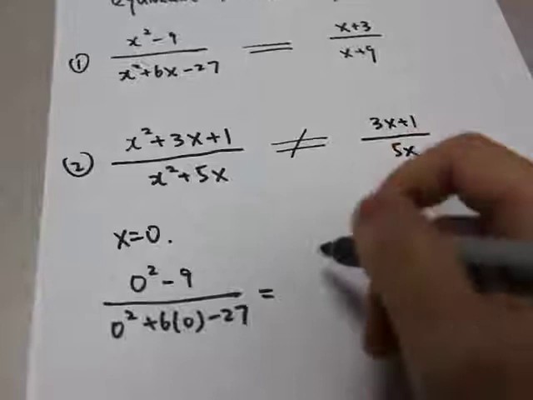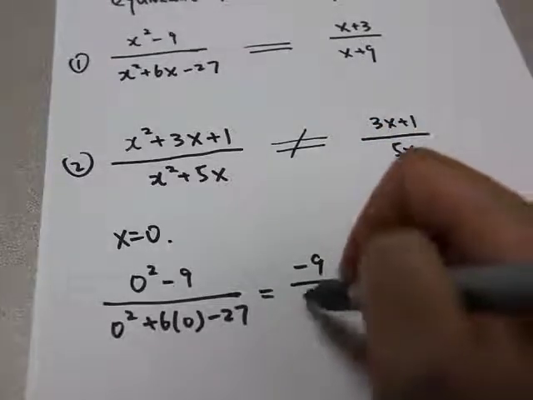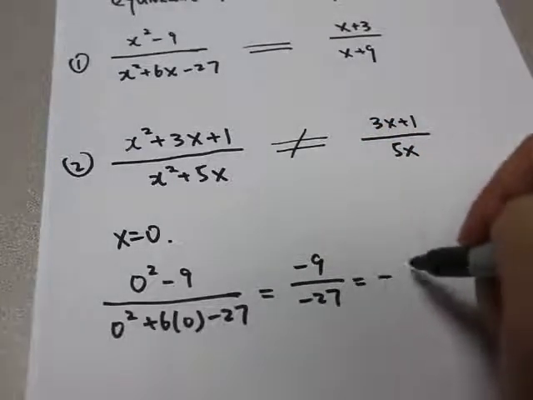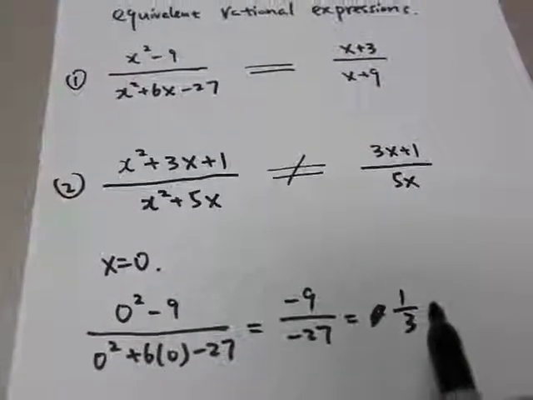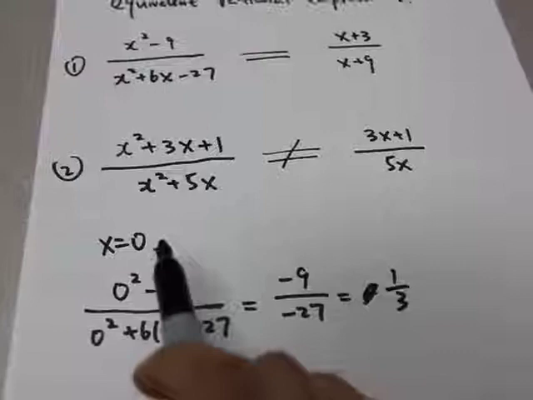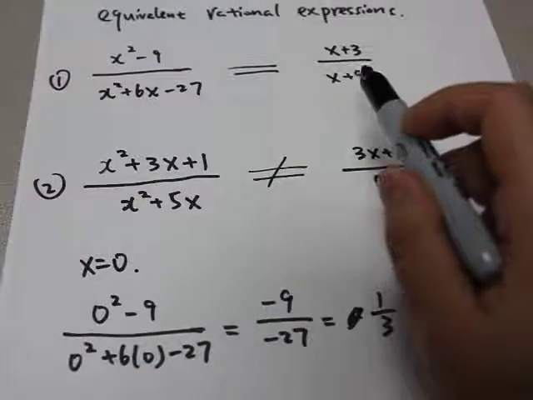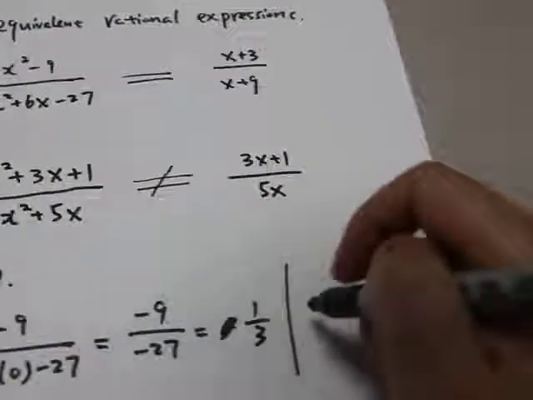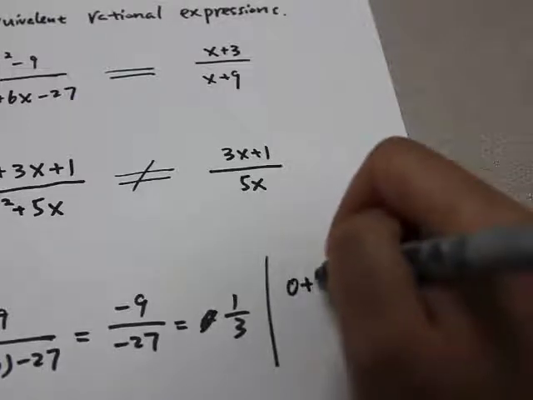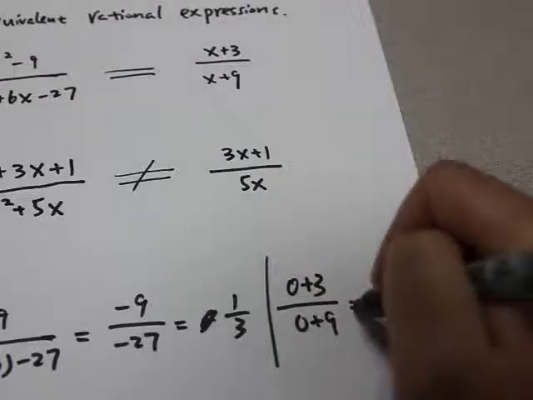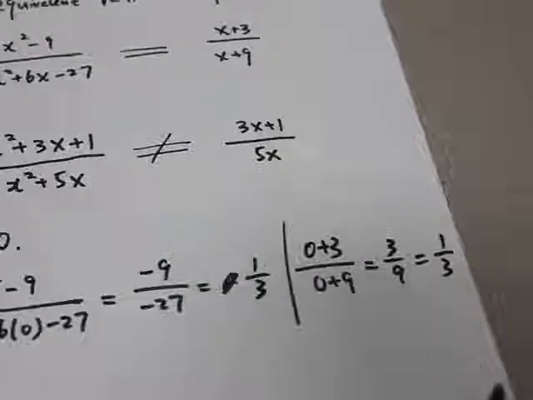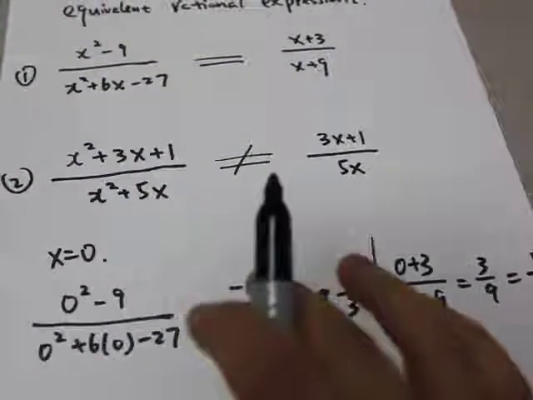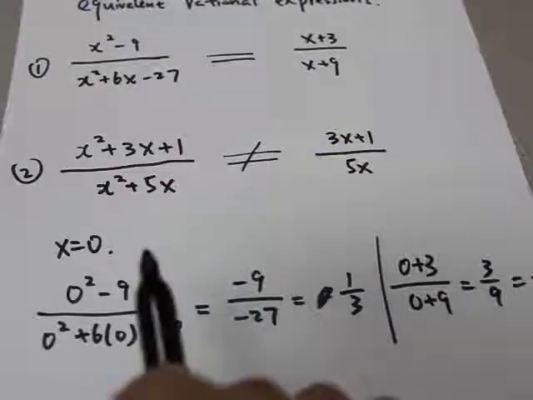So this gives me minus 9 over minus 27, which is positive 1/3, right? And if I plug in 0 into this expression, I have 0 plus 3 over 0 plus 9, which is still 1/3. And you will see this is true no matter which random number you pick.